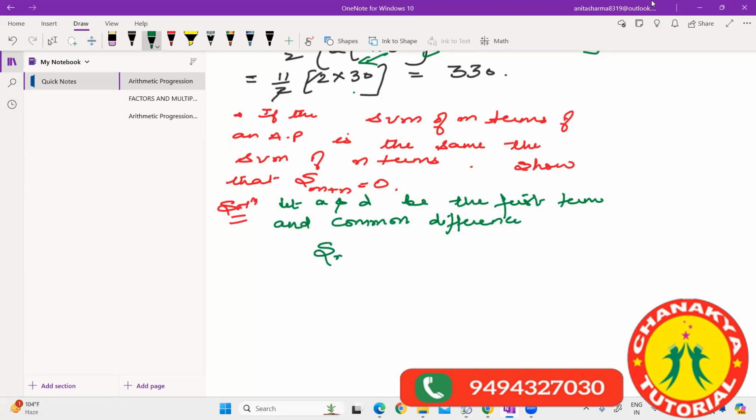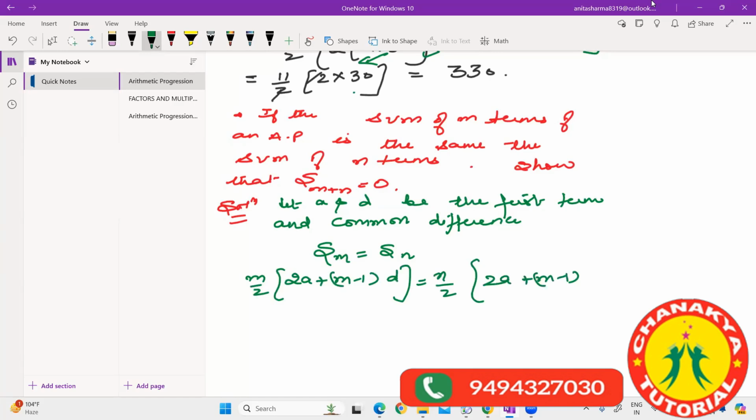So you have been given this condition, Sm is equal to Sn. So the sum of m terms will be m by 2 into 2a plus m minus 1 into d, right, beta? And the sum of n terms will be n by 2 into 2a plus n minus 1 into d, right?